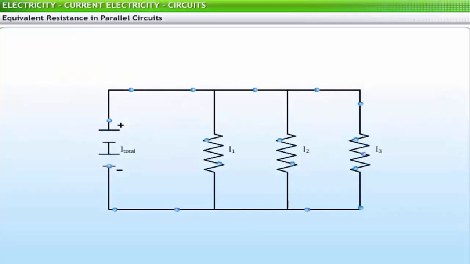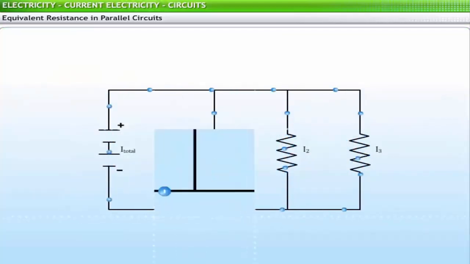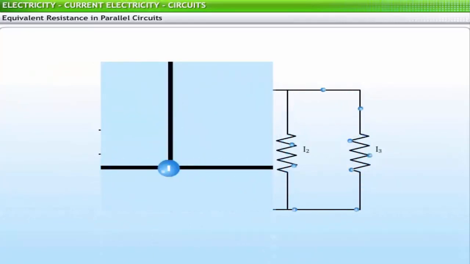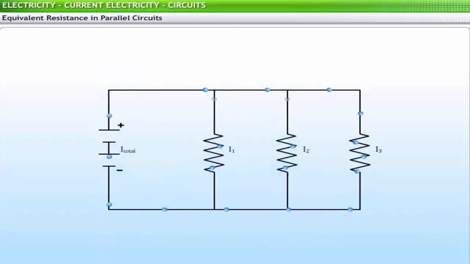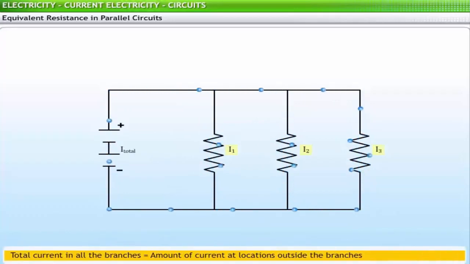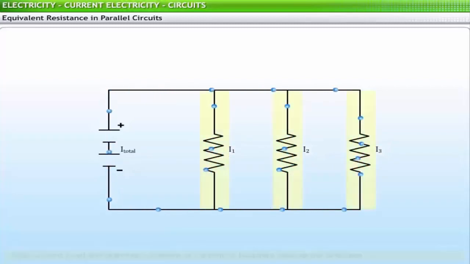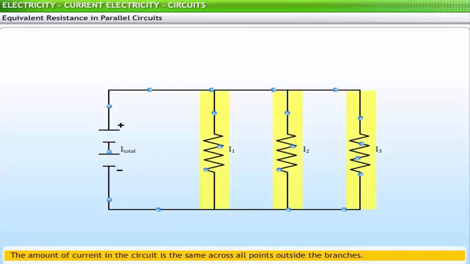Similarly, in a parallel circuit, charges divide up into separate branches. Based on the resistor in each branch, the current across branches can vary. Nonetheless, when taken as a whole, the total amount of current in all the branches is equal to the amount of current at locations outside the branches. Thus, the amount of current in the circuit is the same across all points outside the branches.